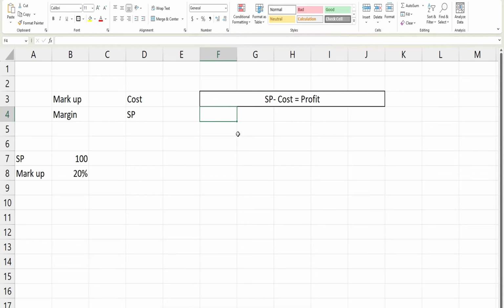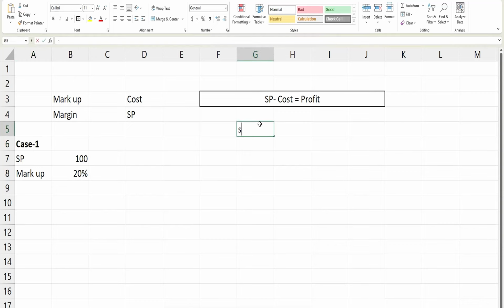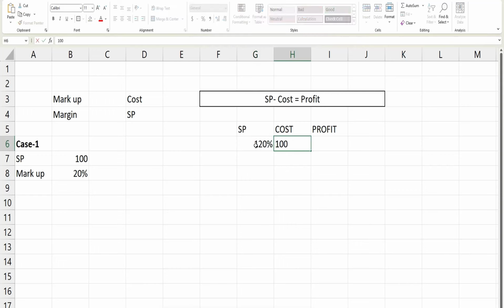As in our case, this is the first case. Case 1: here selling price is 100 and markup is 20% given. So when markup is given, the selling price will be 120% and the cost will be 100%.